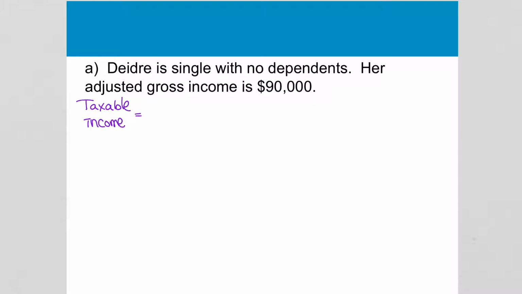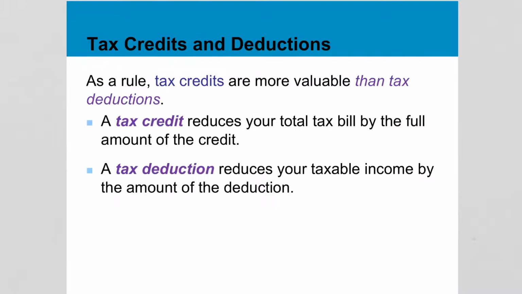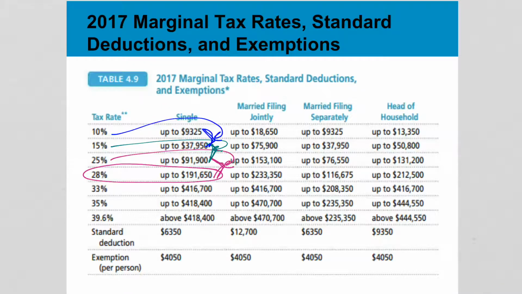The taxable income is the adjusted gross income, I'll write it out the first time, minus exemptions, minus deductions. So $90,000. We're going to go back and look at exemptions and deductions for a single person.